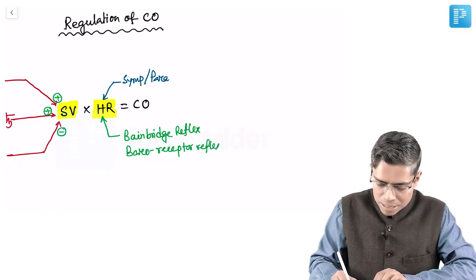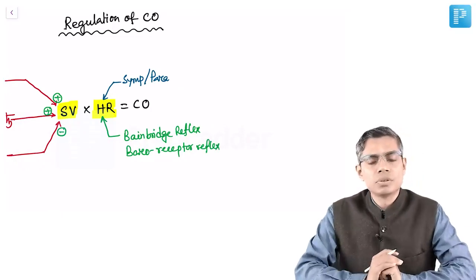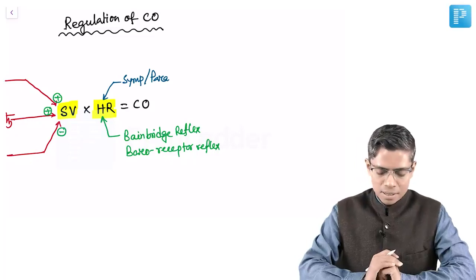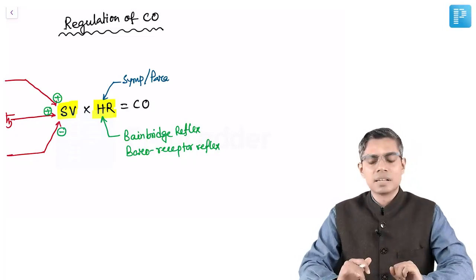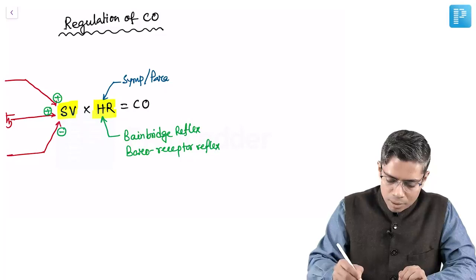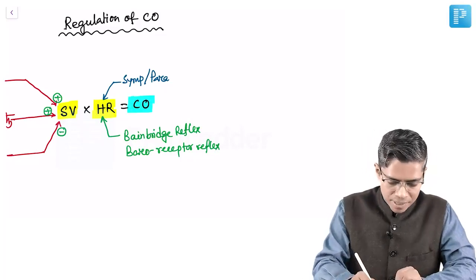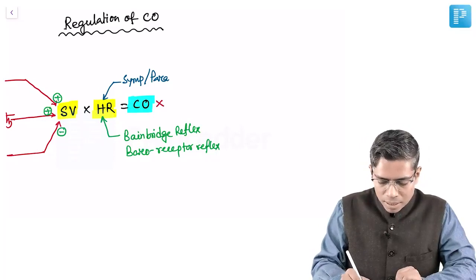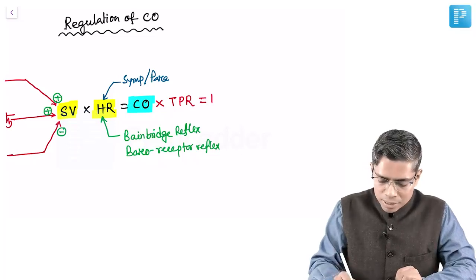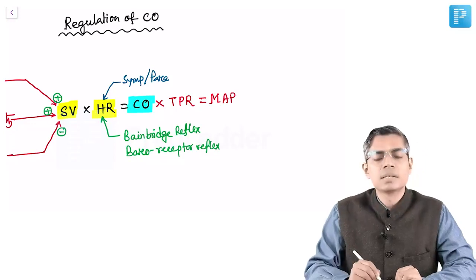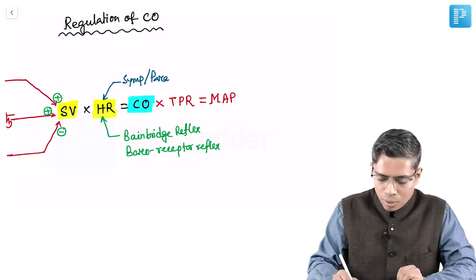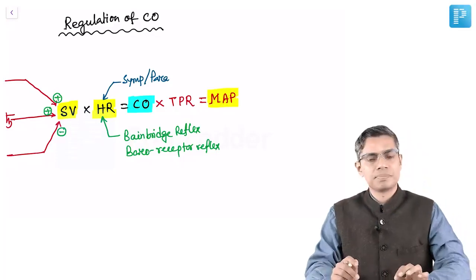So these are the two major reflexes which are also going to control your heart rate, right? So regulation of the heart rate is done by this. So you are going to get the cardiac output if you multiply this stroke volume into heart rate. Now if you multiply cardiac output with total peripheral resistance of the person, then you are going to get blood pressure. Which blood pressure? Mean arterial pressure, MAP, right?